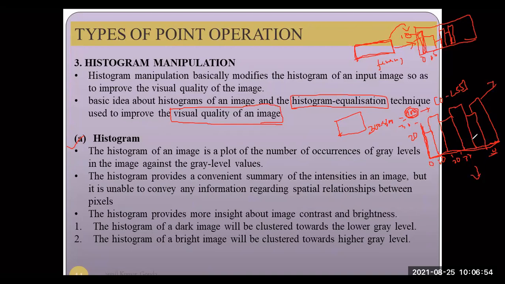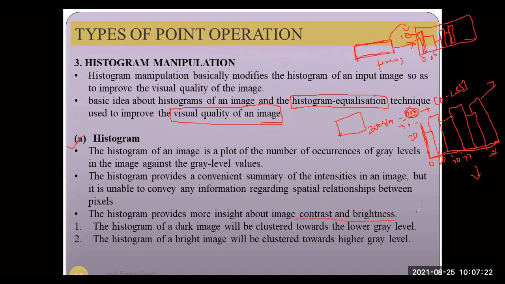Fine. So the next point about the histogram: it provides more insight into the image contrast and brightness. Whenever you want to improve the contrast or brightness of images, we go for the histogram representation. For example, the histogram of a dark image will be clustered toward the lower gray levels.